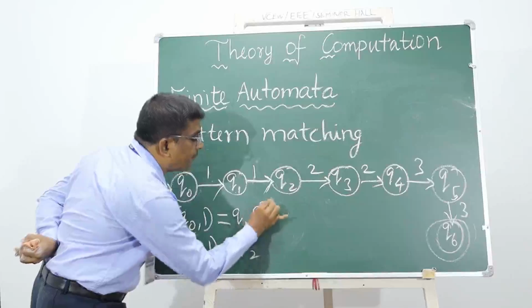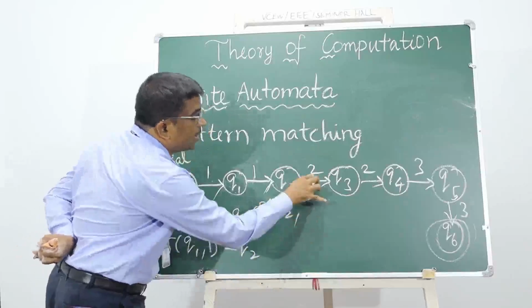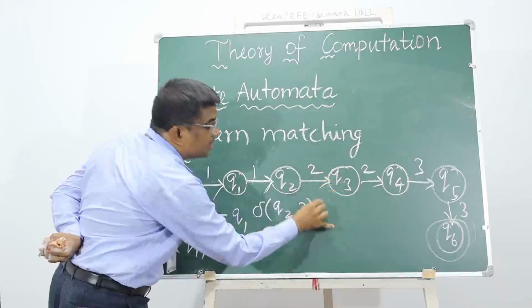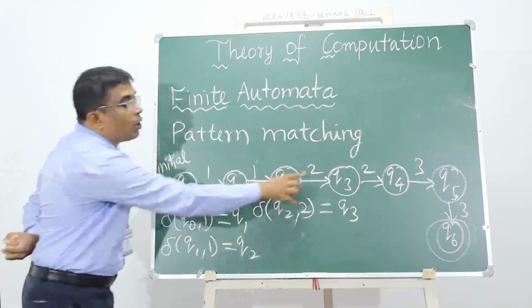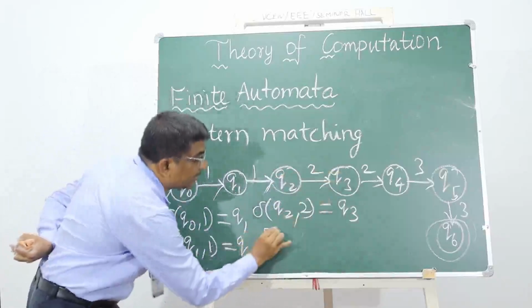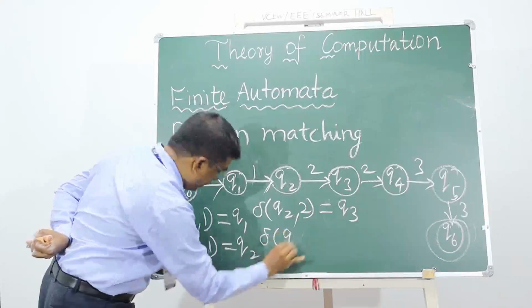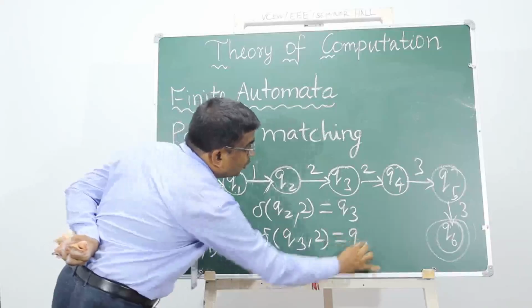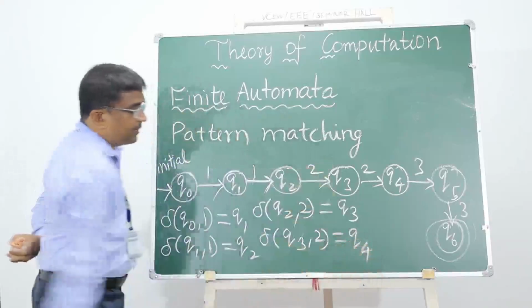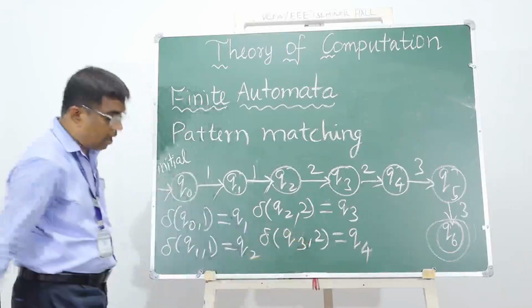Next, delta of Q2 comma 2 reaches Q3. Next, delta of Q3 comma 2 reaches Q4.